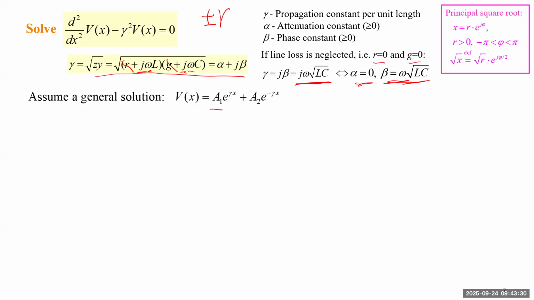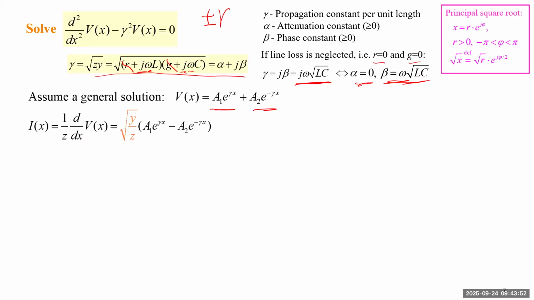For each eigenvalue, it will represent an exponential function of x. A1, A2 really depend on the boundary conditions, or where you want to calculate the solution. So we still need to solve A1, A2 using boundary conditions.